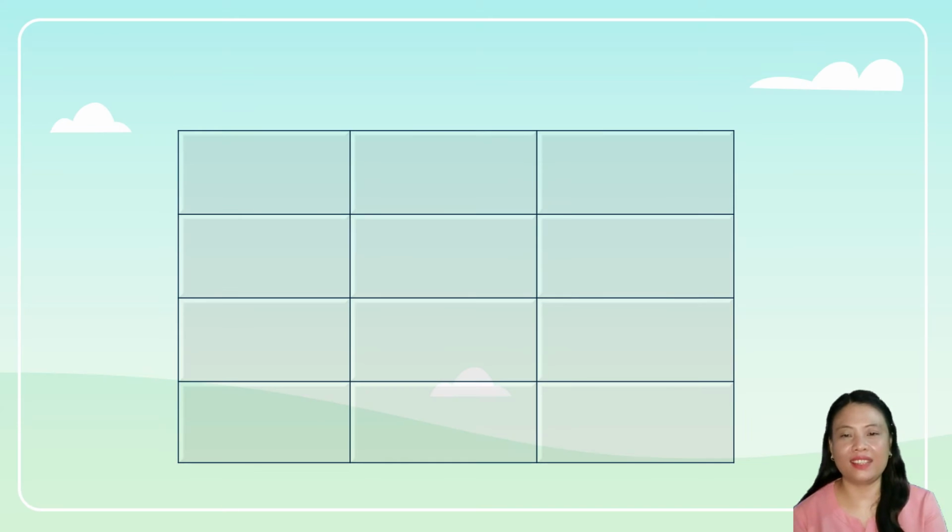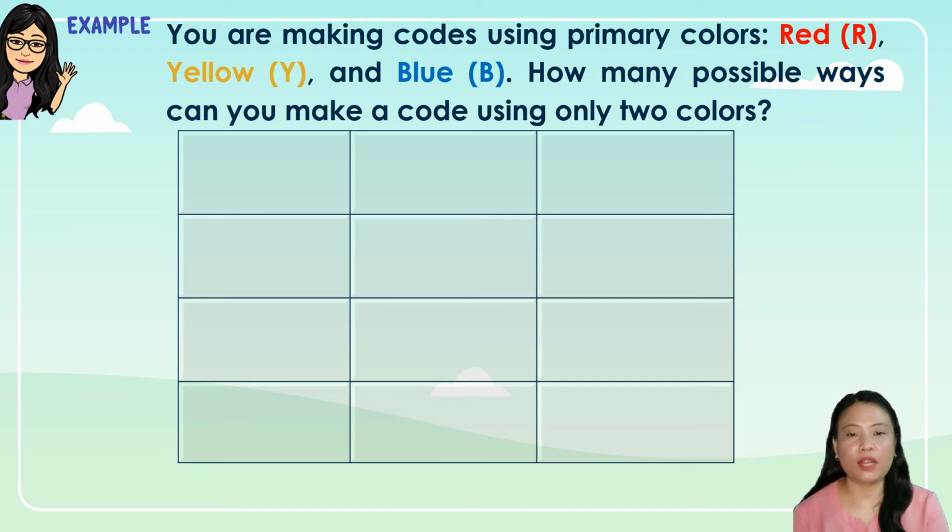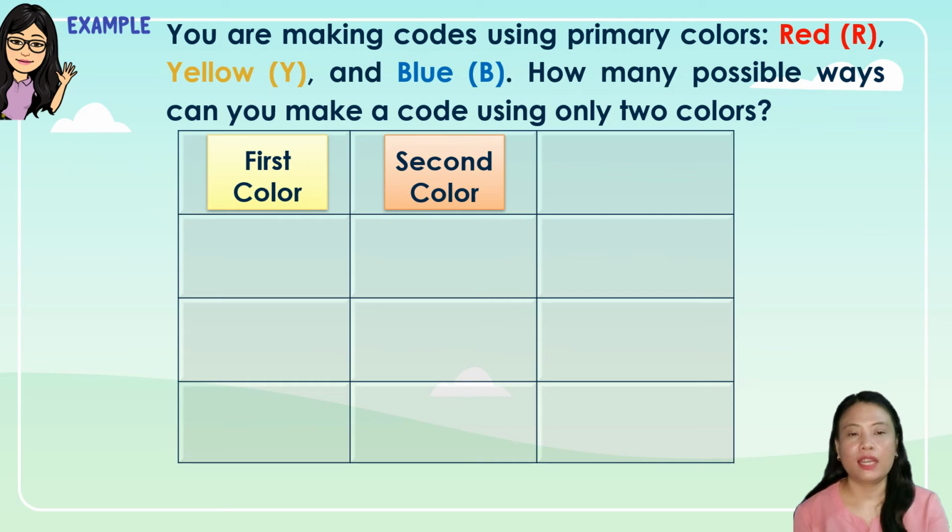Look at this another example. You are making codes using primary colors, red R, yellow Y, and blue B. How many possible ways can you make a code using only 2 colors? Using table, we will only have 3 columns. Columns for the first color, second color, and outcomes. Our illustration can be like this.